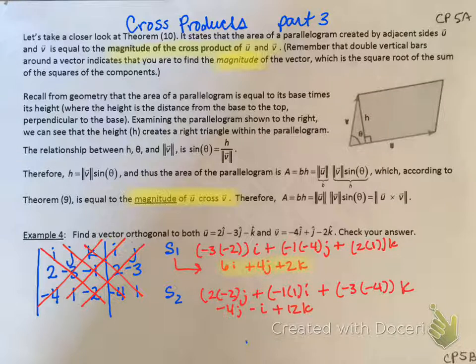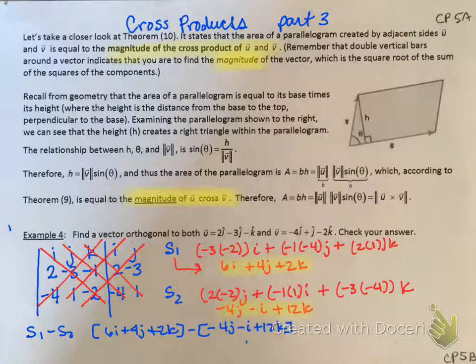Okay, it looks good. Now what I'm going to do is subtract the two. So I'm going to take sum 1 minus sum 2. So we get 6i plus 4j plus 2k minus negative 4j minus i plus 12k.